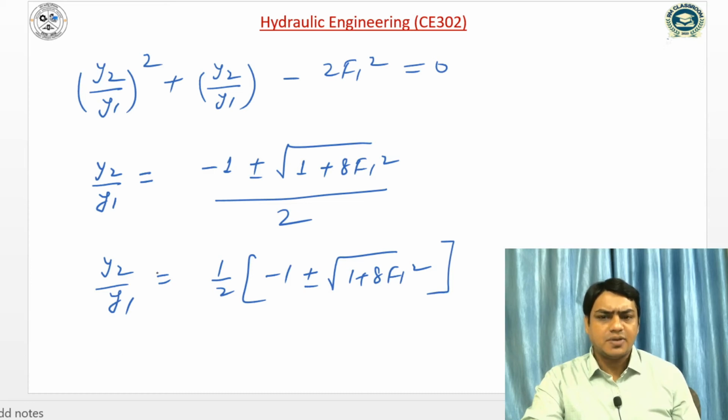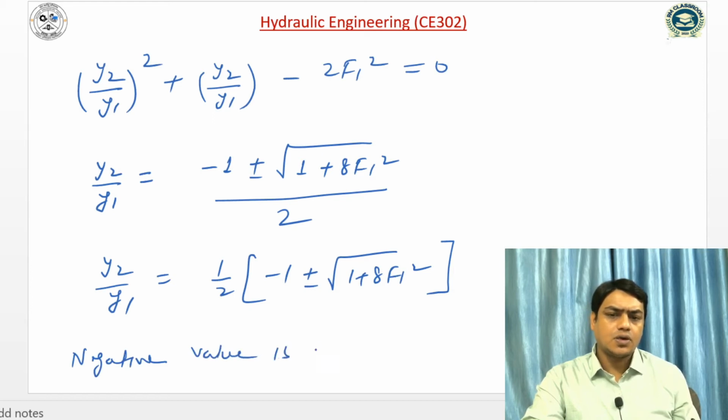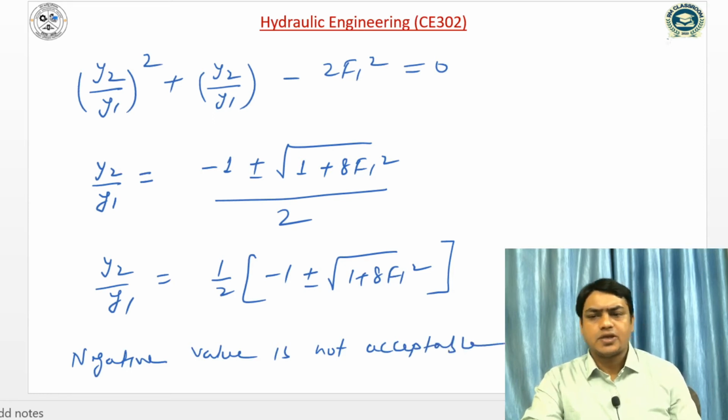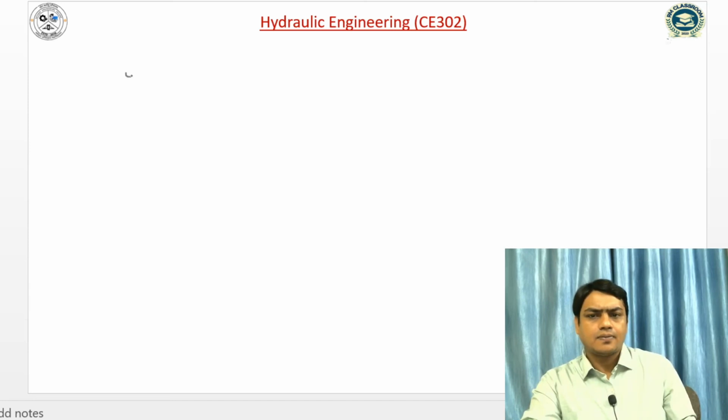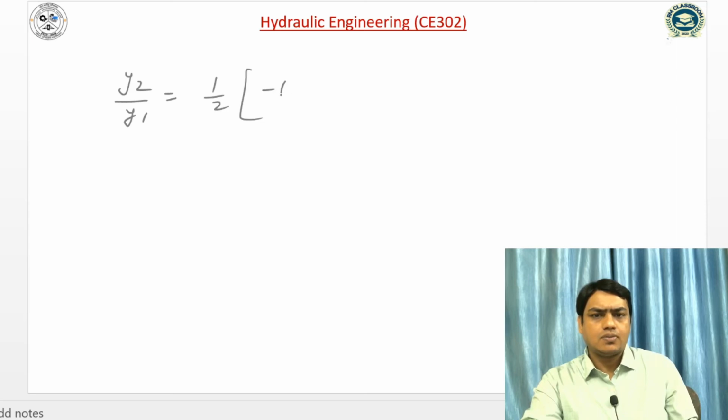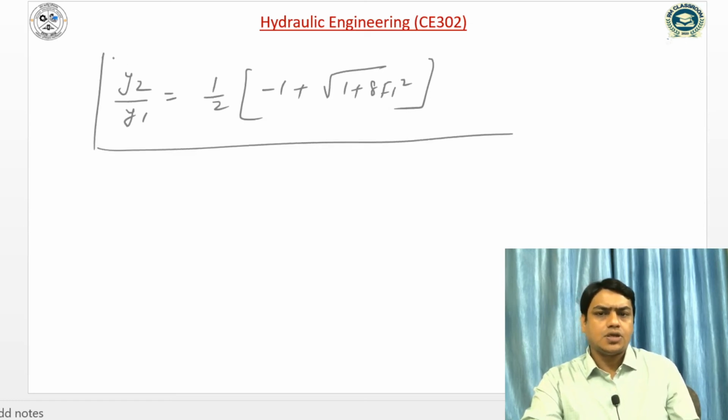Negative value cannot be acceptable because this is a ratio. So we can write y2 by y1 is equal to 1 by 2 into (minus 1 plus square root of 1 plus 8 F1 square). So this is the relation between the conjugate depth and the initial Froude number, or Froude number at the beginning of the jump.